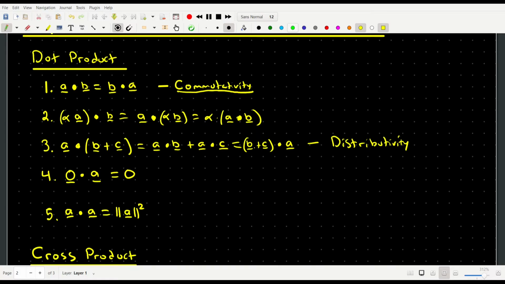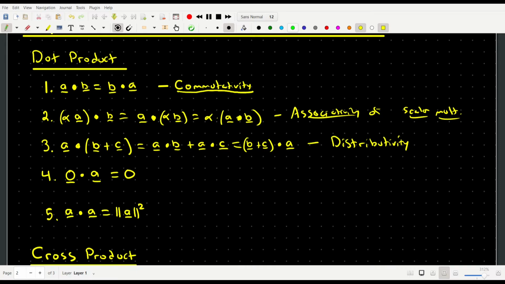The nice thing with this as well is that because of commutativity, A dot B is the same thing as B dot A, and C dot A is the same thing as A dot C. So we can rewrite the order here for each one of these and rewrite this as B plus C dot A. This is something that is not going to be true for the cross product.